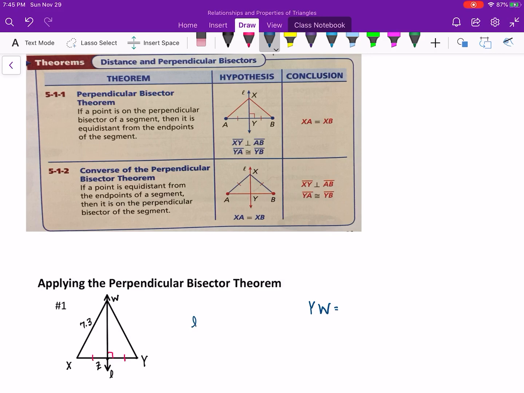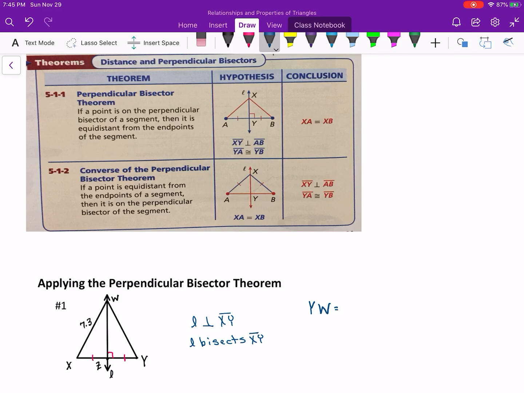Line L is the perpendicular bisector of XY because it's perpendicular to XY and it bisects XY.